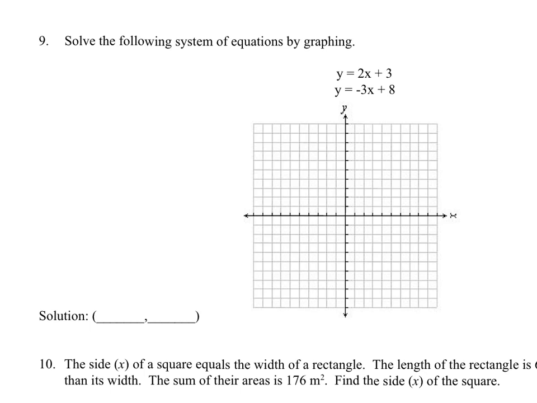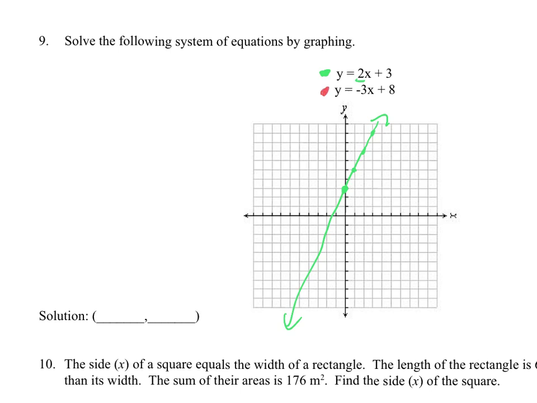Same exact thing. So this first equation here, I'll do in green. So I graph the y-intercept first, and then I plot the slope, which is 2. So up 2 over 1, up 2 over 1, up 2 over 1. Make that line. Doesn't have to be perfect because I know where this is going to intersect.